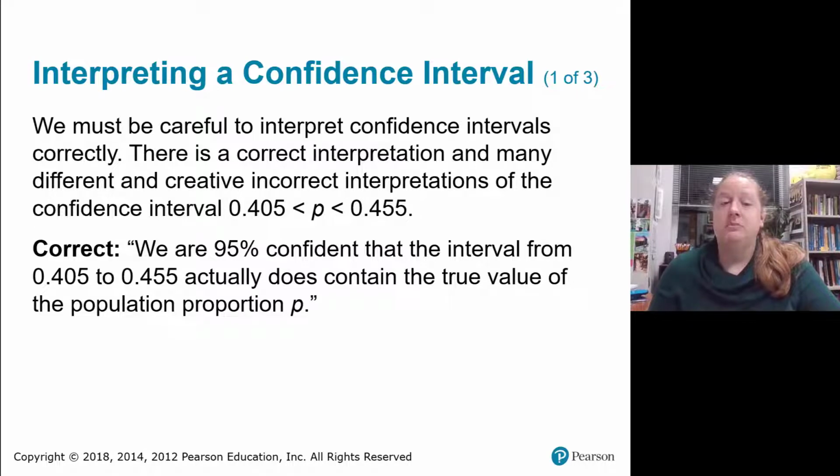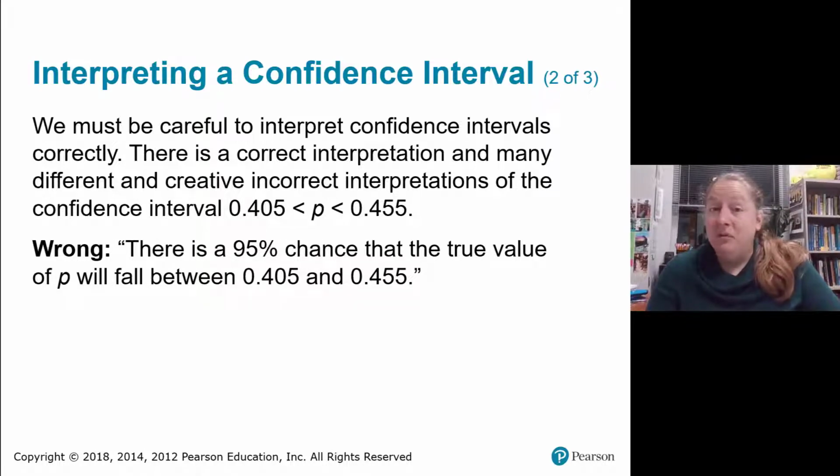The correct interpretation, what we want to get into the practice of giving, is we are 95% confident that the interval from 0.405 to 0.455 actually does contain the true value of the population proportion p. A more succinct way of saying that, which is still correct, is we are 95% confident that the population proportion falls within the interval 0.405 to 0.455.